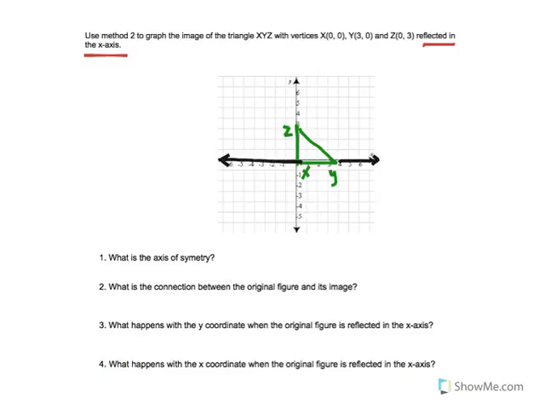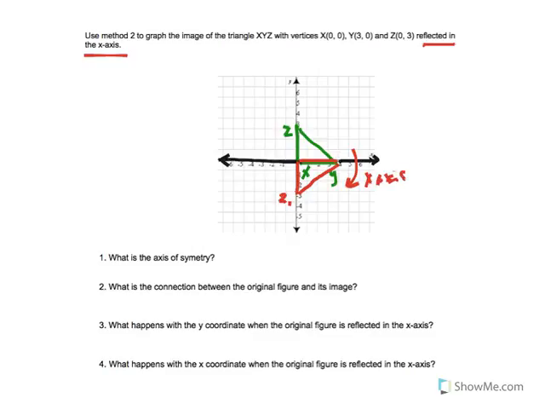So now if we reflect it over the x-axis, it's going to be 0 over, negative 3 down. This is going to be Z prime. Is x going to change? No, x is not going to change. Is y going to change? No, y is not going to change. And this becomes our new figure. This is this figure just reflected over the x-axis.